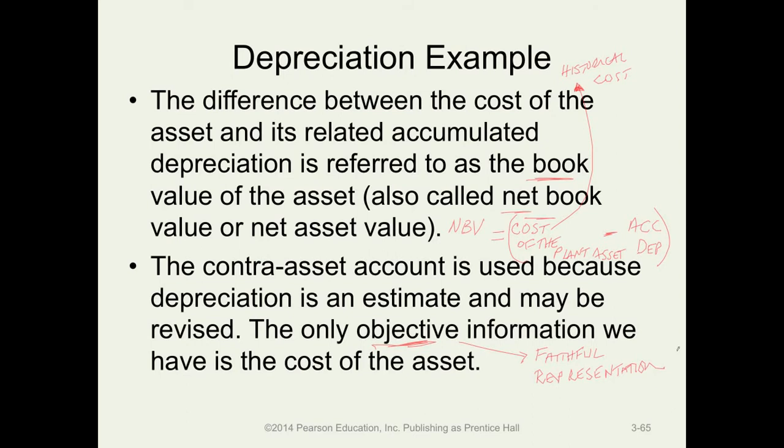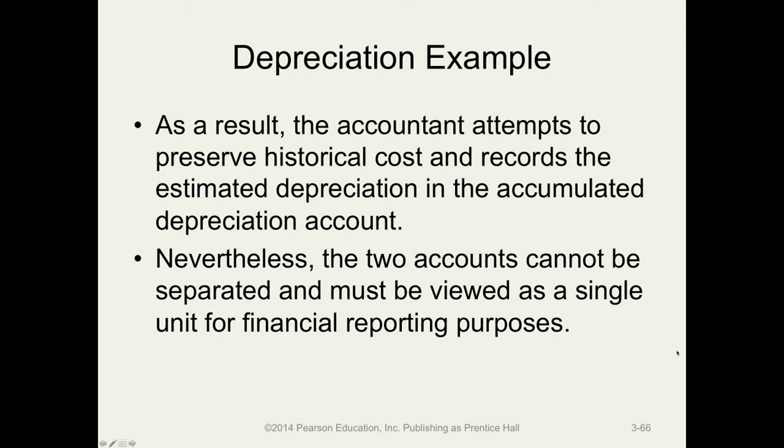Again, we can go back, look at canceled checks, we can look at invoices, we can look at notes payable if that was used to finance the operation. In this case, the $18,000 furniture was donated, but that could also be verified. So as a result, we attempt to preserve the historical costs and record the estimates separately. We keep them separate internally, but of course for financial reporting, we have to put them together and we show the net book value.